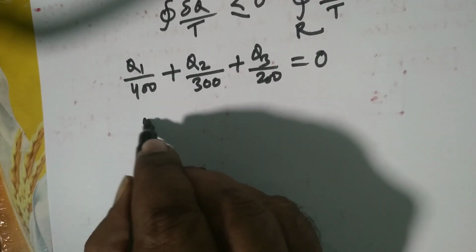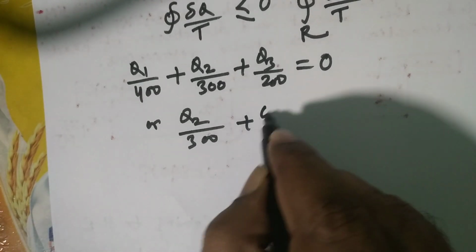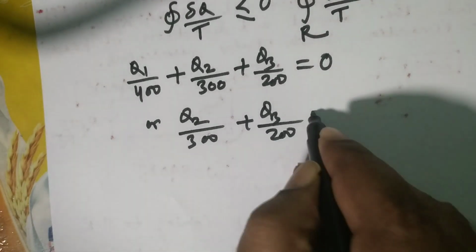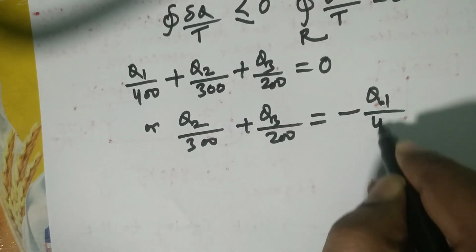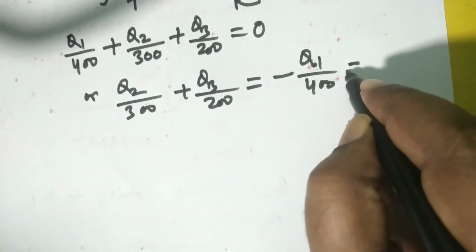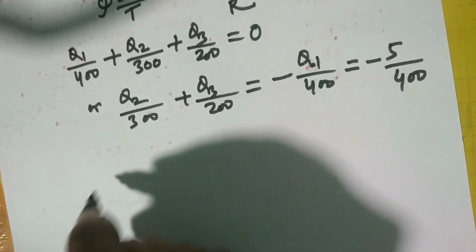So Q2 by 300 plus Q3 by 200 is equal to minus Q1 by 400, and this Q1 is 5 megajoule. So, minus 5 by 400.